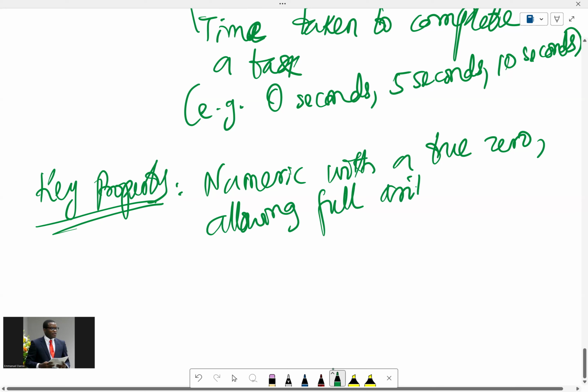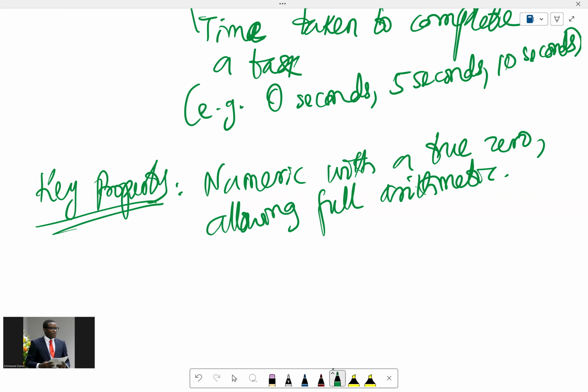So when we say 0 seconds, then the time does not exist. You can't go negative seconds. But in the case of temperature, you could go negative, and that is why there's really no true zero in that case.